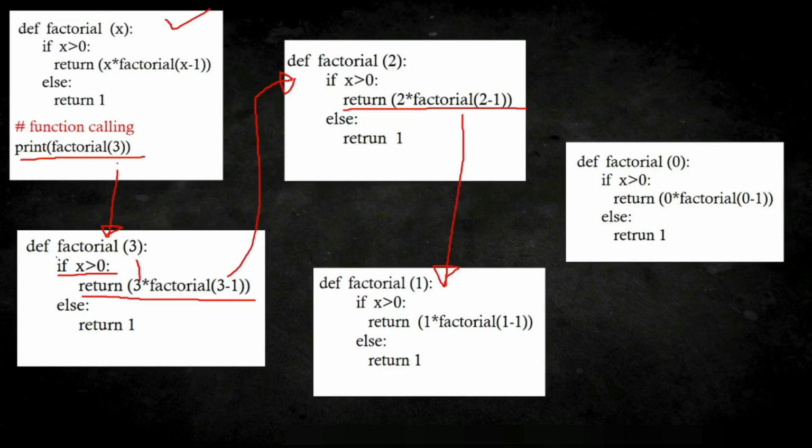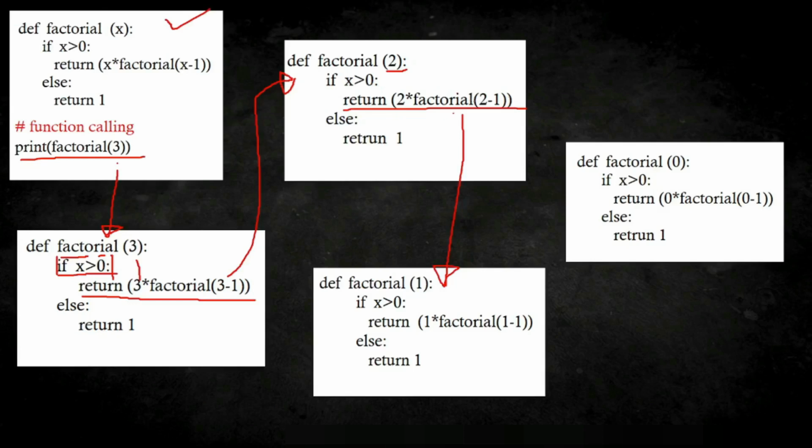So this if x is greater than 0 is nothing but the termination condition, because each time it is going to check whether the value of x is greater than 0 or not. If it is greater than 0, then only it will execute the return statement, and factorial of 2 minus 1 will be called.